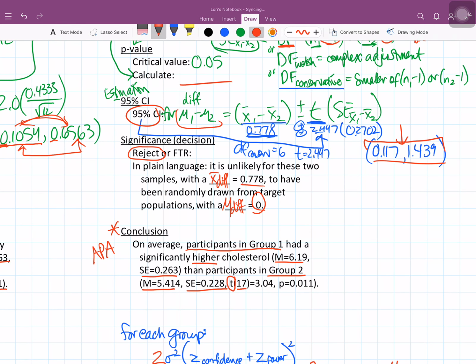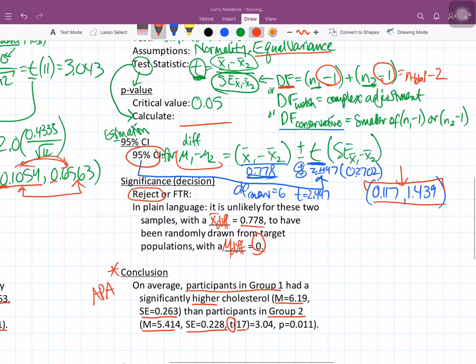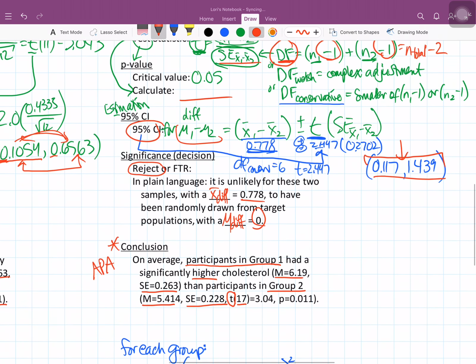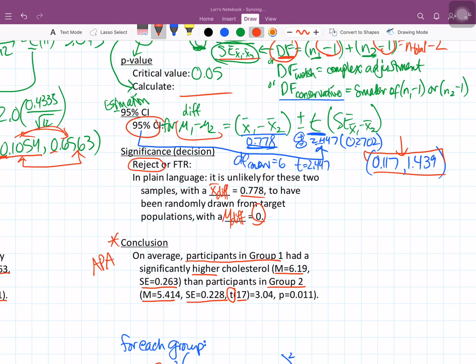Here's degrees of freedom, and because this degrees of freedom is 17, I know that we actually did this more complicated mathematically standard error, and so that would be the 19 minus 2, and here's the value of the t, and here's our p-value equals 0.011. So that's how we would write it.